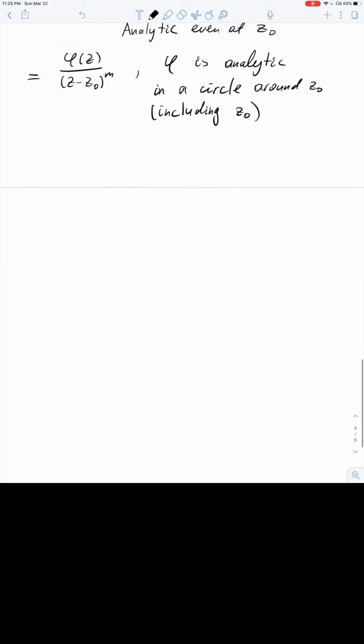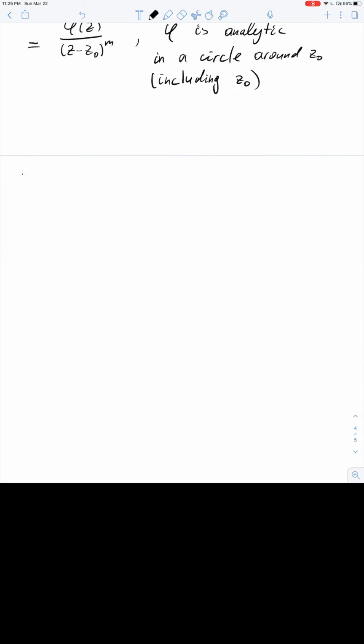And so the main result, let's call it a theorem, is that then we can easily compute the residue of f at z0, and in fact it's the (m minus 1)th derivative of phi at z0 divided by (m minus 1) factorial.